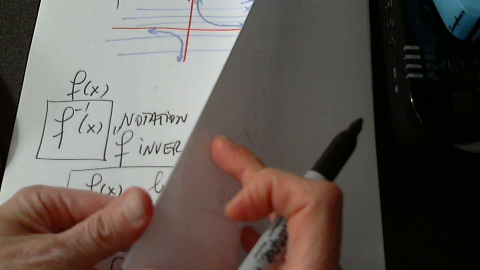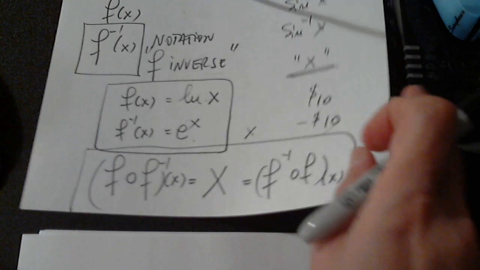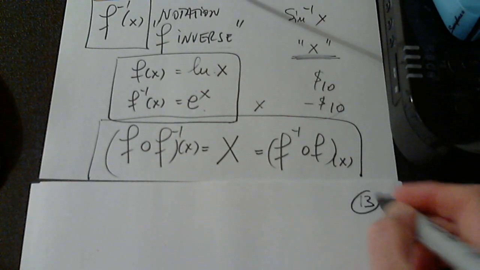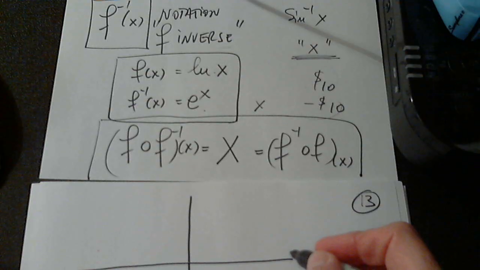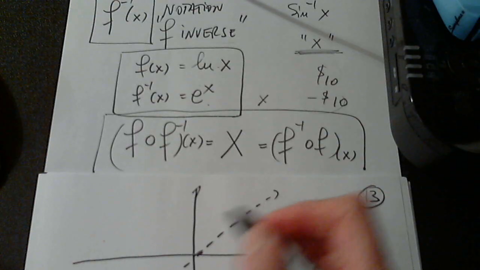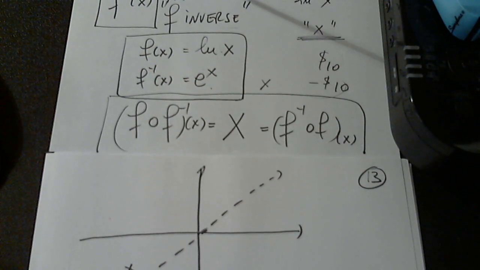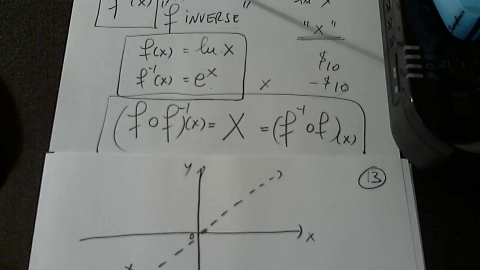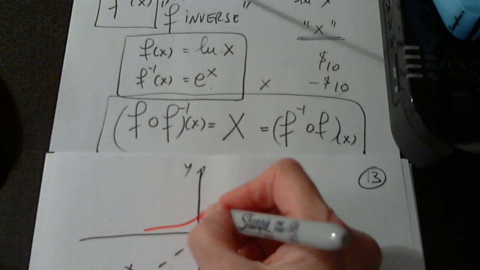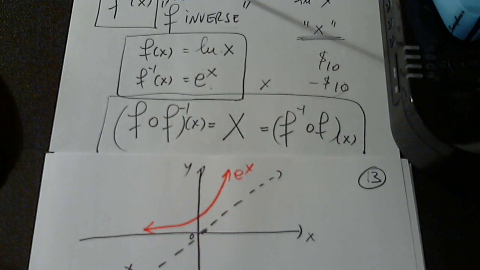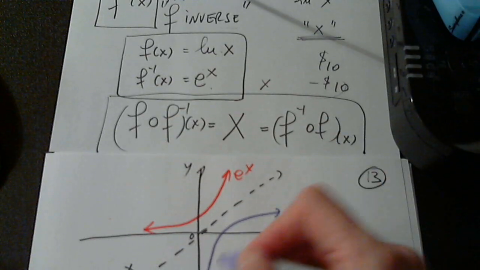Whenever we graph the function and its inverse on the same coordinate system, we have to graph y equals x, not solid, dashed. If I want to graph a function and its inverse on the same coordinate system, like I'm going to graph the two that I really wanted you to say, I have to show that they are symmetric with respect to this line.